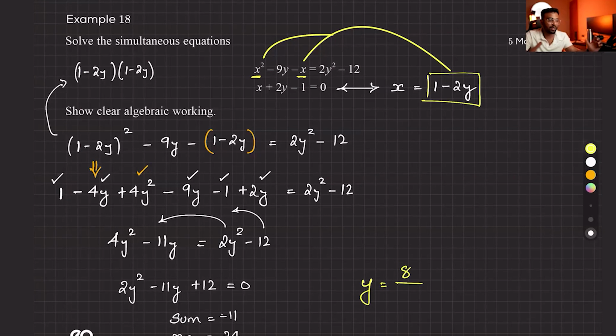And divided by what? 2. And that would give us 4. Done. Next one. Y equals, you would take this minus 3, change the sign, so that would become 3. And divide by 2 again, which is 1.5 or 3 by 2. I like fractions. Done. Easy. Of course, it's not done. You have to find the value of x, but we are a bit late.